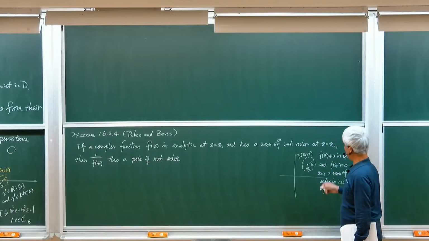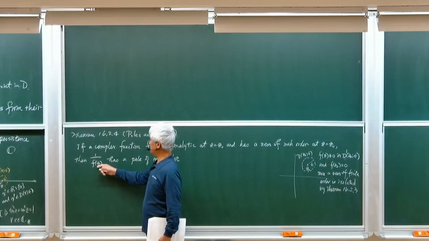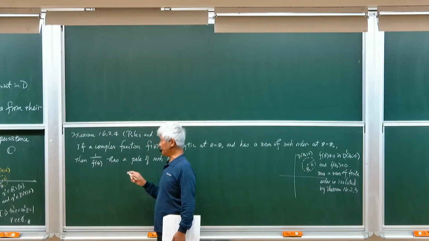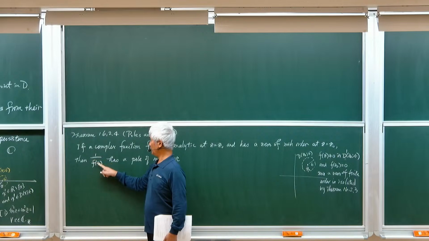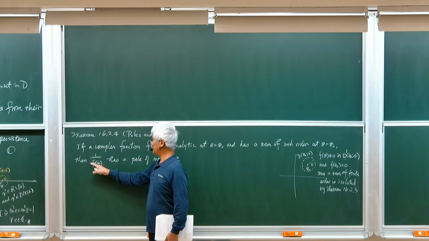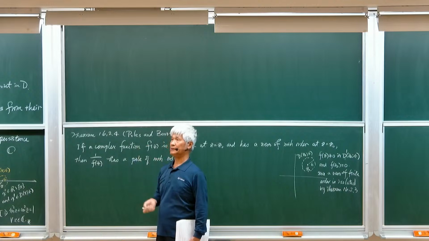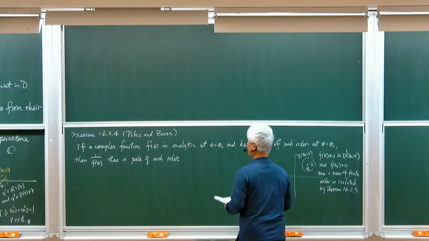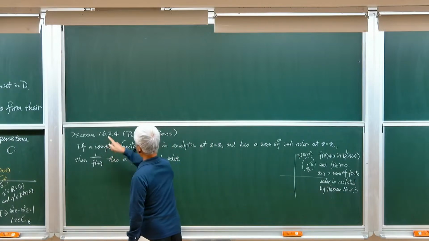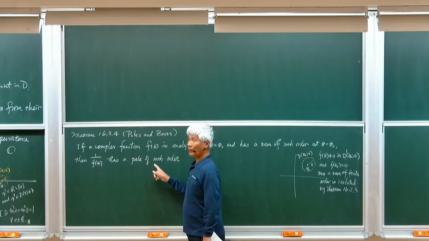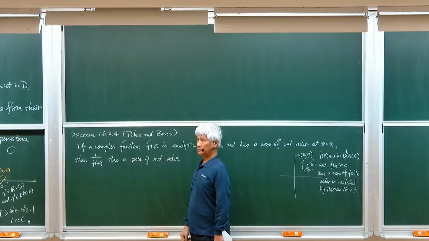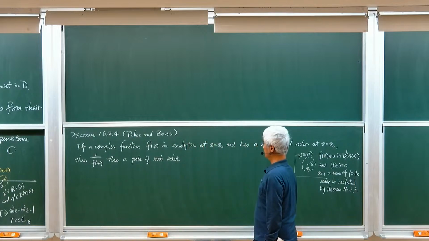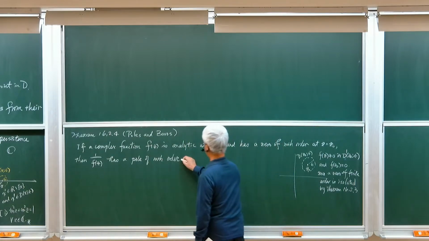But you can see that it's singular at z equals z0. It is singular because when z is equal to z0, the denominator is 0, so it's a singularity. And the theorem says that this singularity is actually a pole of mth order.